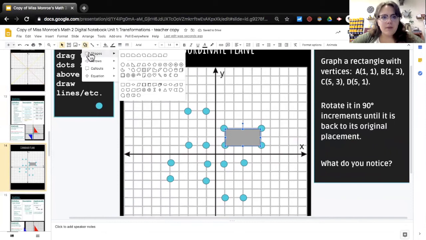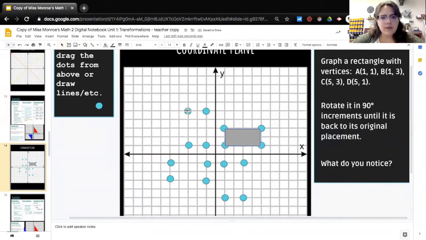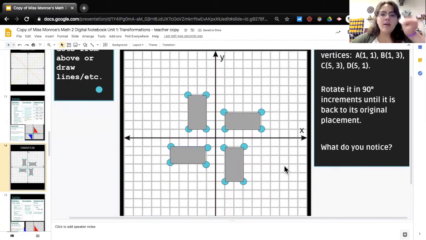I'm going to draw the same shape right here. Same shape right here. Same shape right here. So you're gonna get the same rectangle facing different directions.